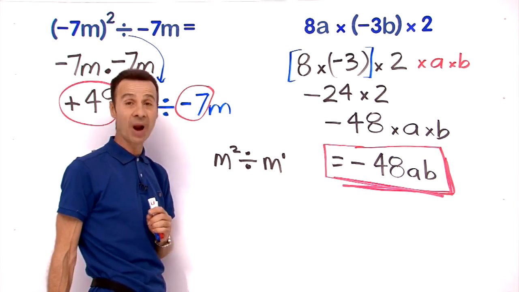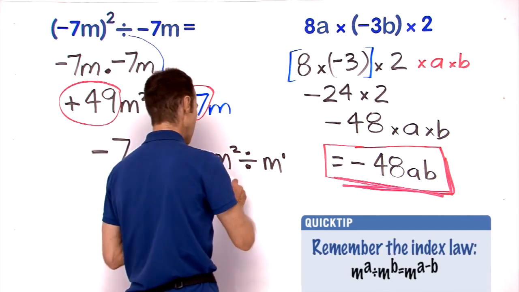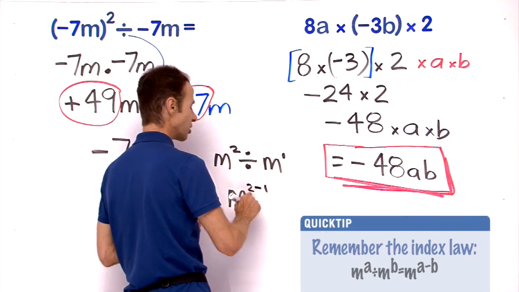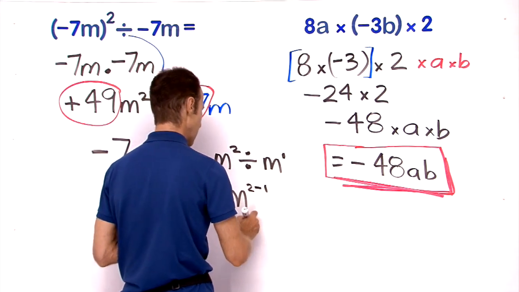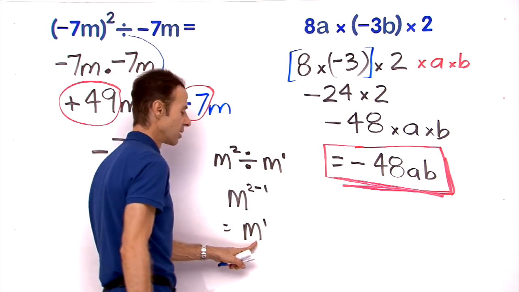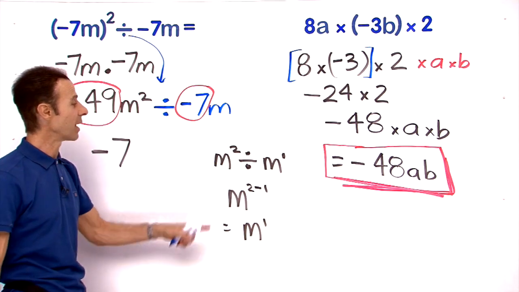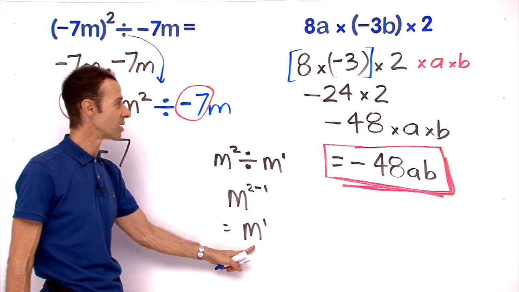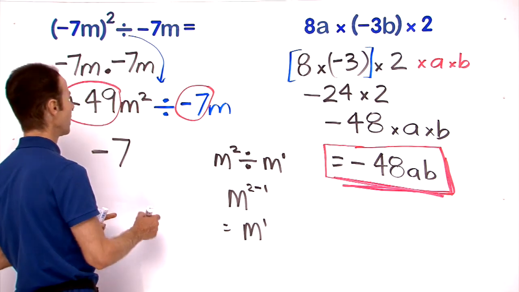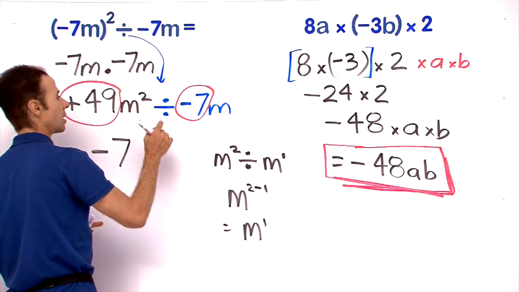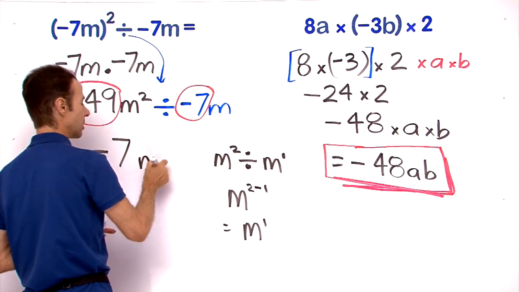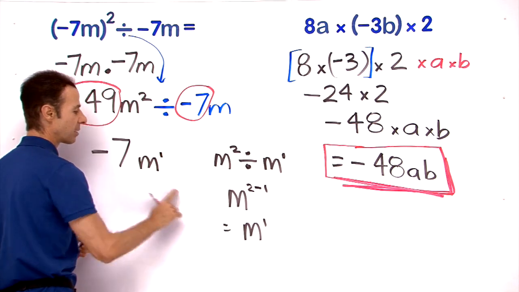So this becomes m to the power of 2 minus 1. So 2 minus 1 equals m to the power of 1. In other words, when m squared is divided by m, we get m to the power of 1. So m squared divided by m is simply m to the power of 1. Put that over there.